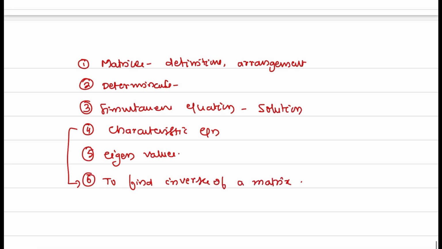What are the conditions under which the inverse of a matrix can be found? Those conditions and other things we will discuss whenever this topic in full comes in front of us.